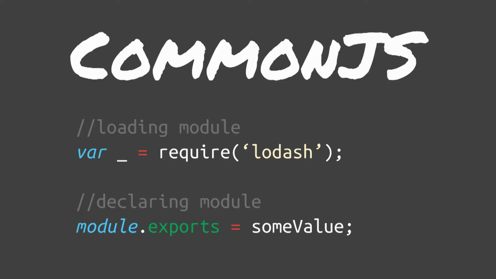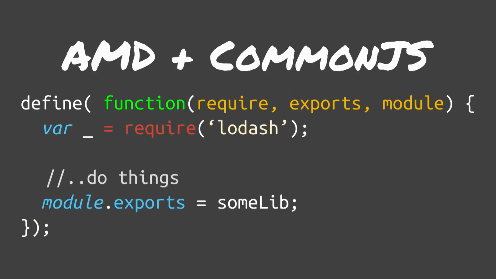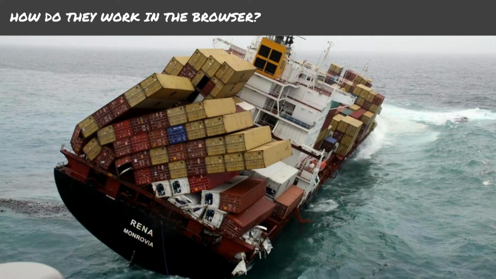There's CommonJS, which came from Node. And then we also have AMD. But there's also AMD plus CommonJS. And there's now the ECMAScript and TypeScript module syntax, if you're in the Angular community, which is using imports and is based on the Harmony spec.